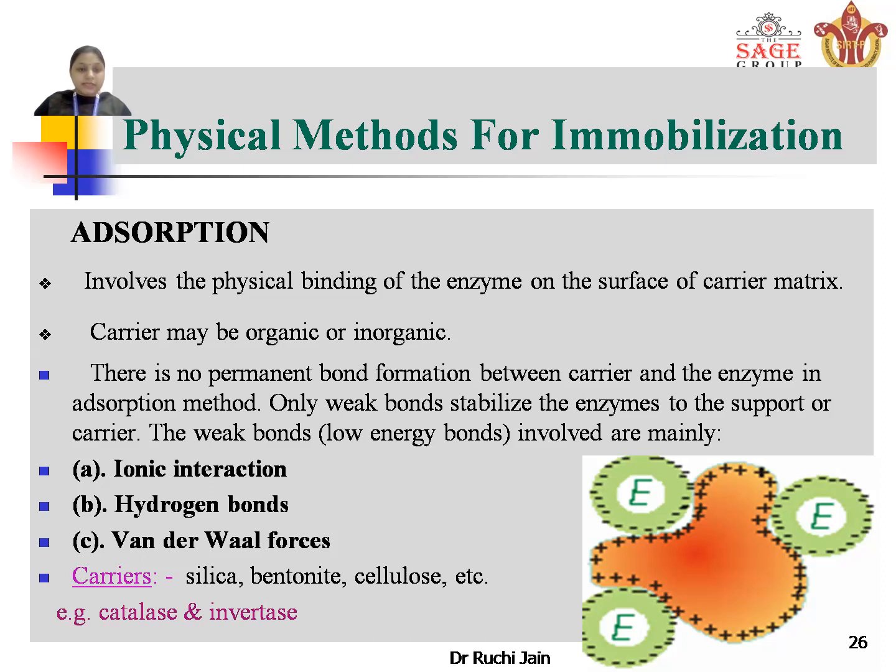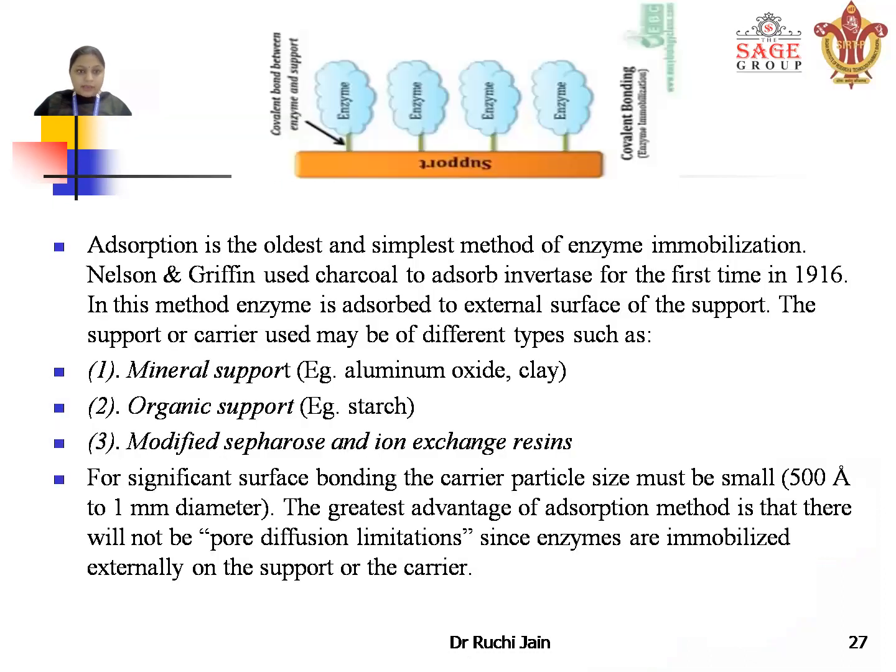Carriers mainly used are silica, bentonite, cellulose, etc., and enzymes are catalase, invertase, etc. Adsorption is the oldest and simplest method of enzyme immobilization, and Nelson and Griffin in 1916 used charcoal to adsorb invertase.